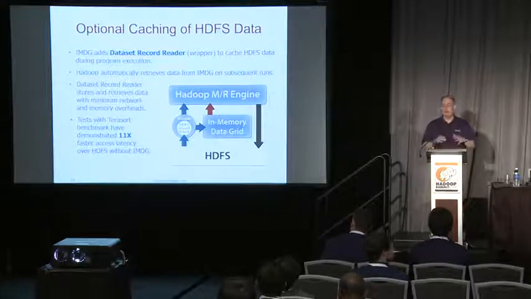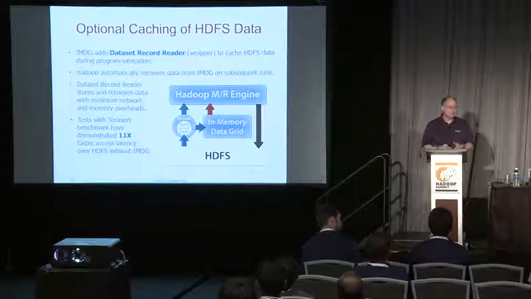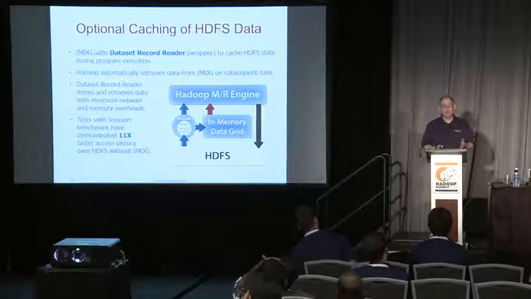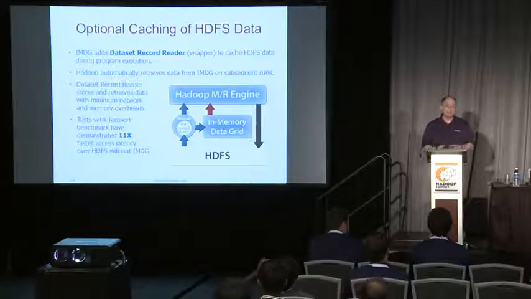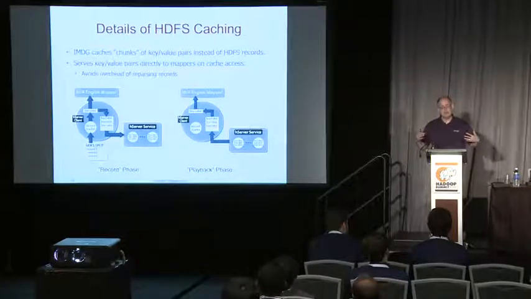Another very interesting thing is to leverage this same technique to cache HDFS data as key value pairs. We've implemented this so you can wrap your favorite input format with an input format called the dataset input format. Then we watch the key value pairs flow into the mappers and cache that whole dataset in the grid if it fits. If it only partially fits, then only part of it is served from the grid and the rest is served from HDFS.